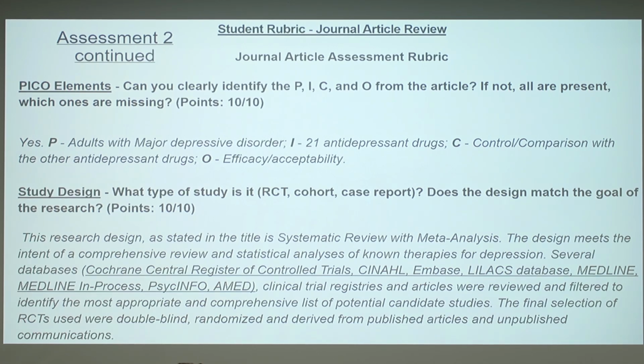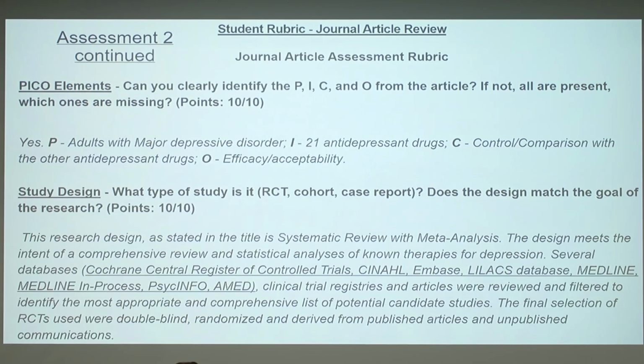These are some of the things that you guys can discuss when you're doing your assessment. They used all of these different databases to find both published and unpublished data of these 21 antidepressant drugs.